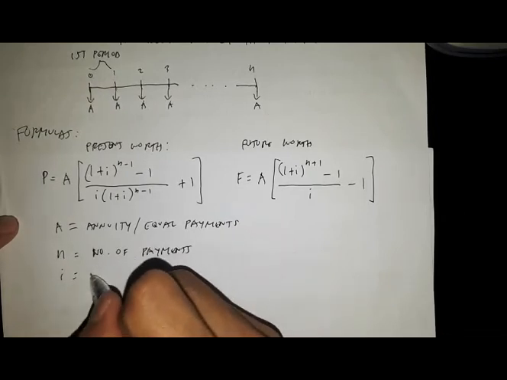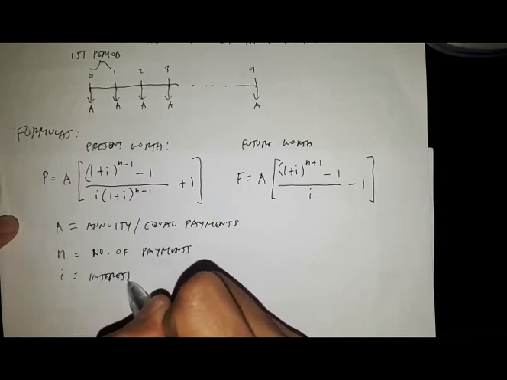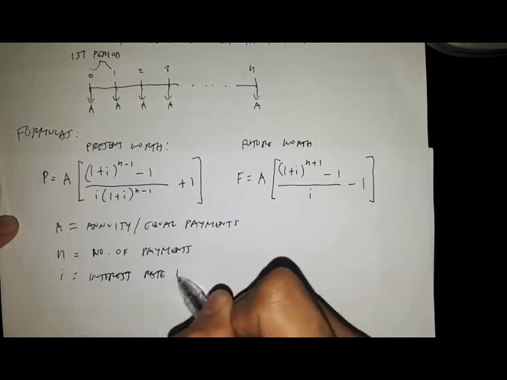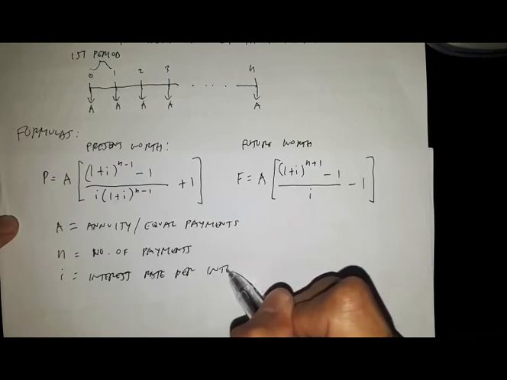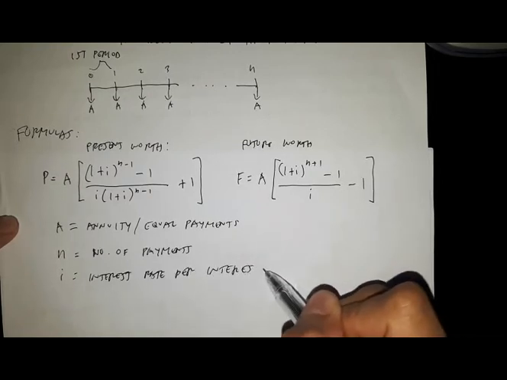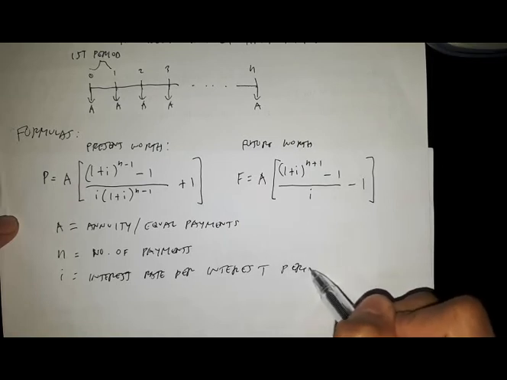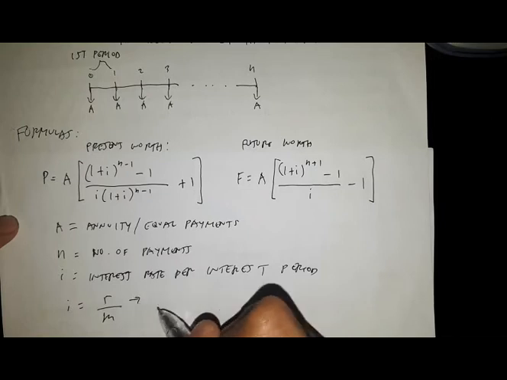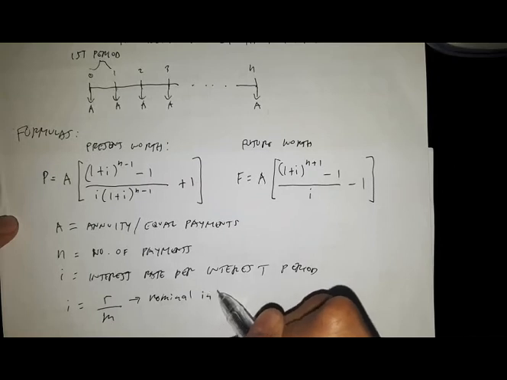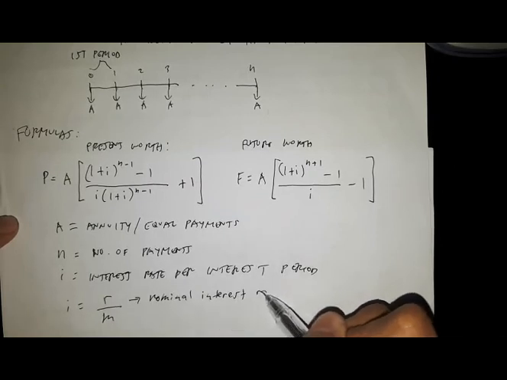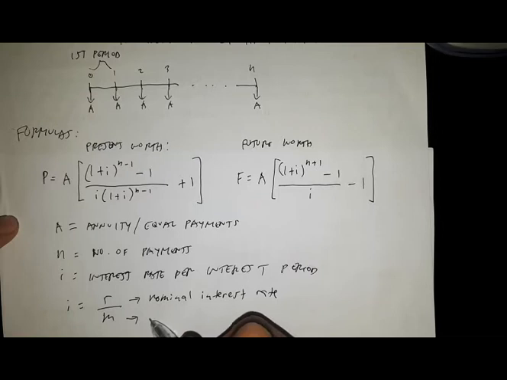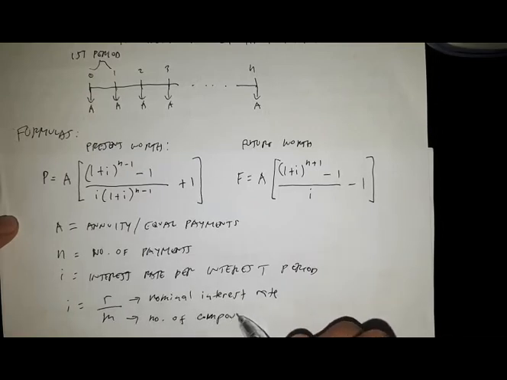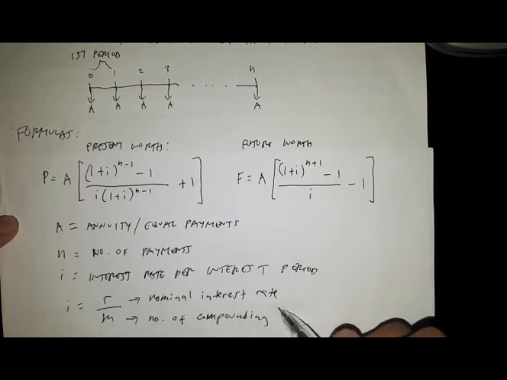I is the interest rate per interest period, given by the formula R over M, where R is the nominal rate of interest and M is the number of compounding per year.